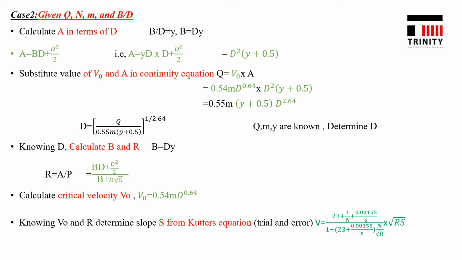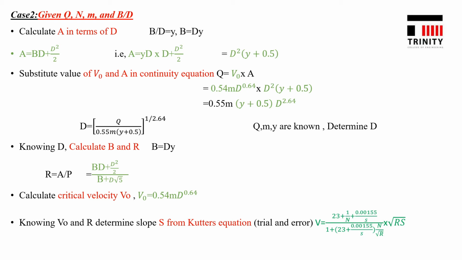Then we can find out the depth, that is d is equal to Q by 0.55 m into y plus 0.5, the whole raised to 1 by 2.64, since discharge is given and y will be given.